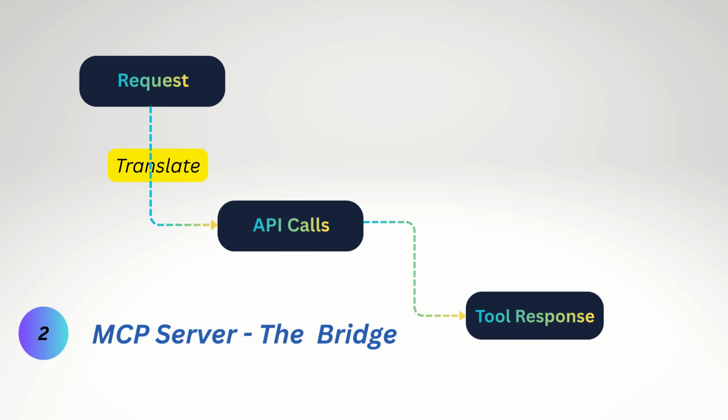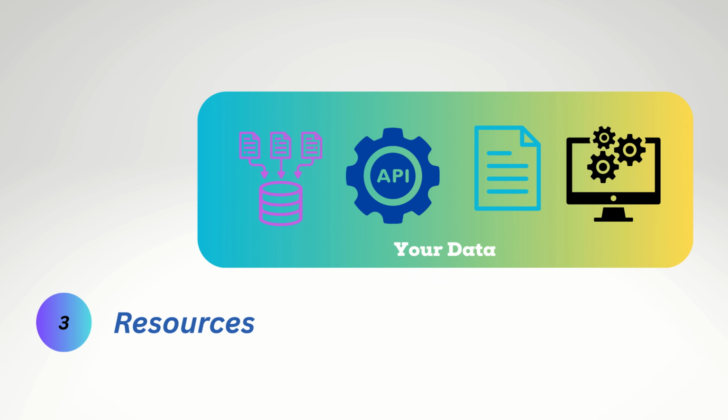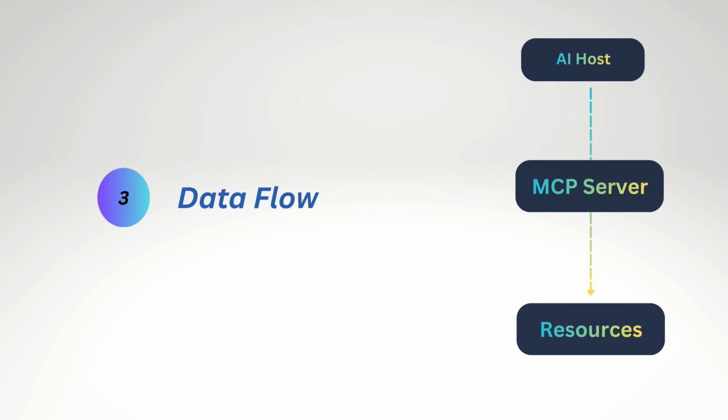We'll be using the NetBox MCP server in the next video. Third come the resources. These are the actual data sources like the NetBox API, database files, or network devices. The MCP server knows how to talk to these resources. The host and the server communicate using the JSON-RPC protocol, a simple request-response format.